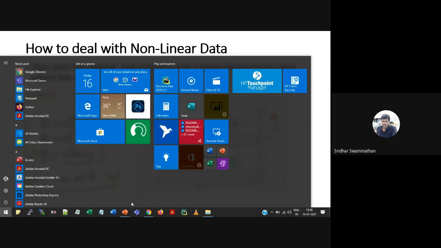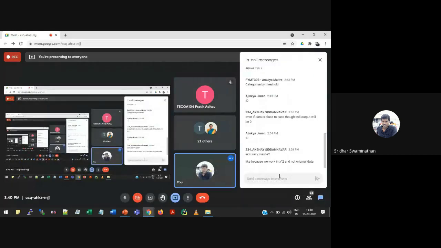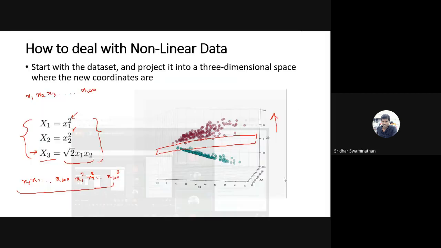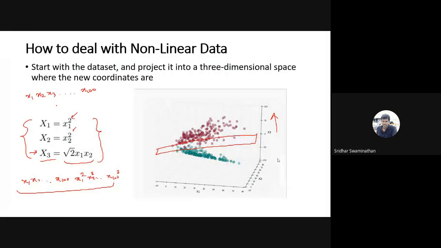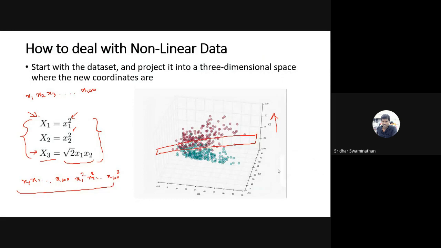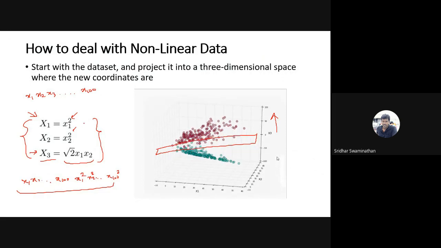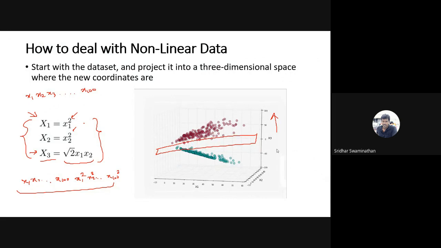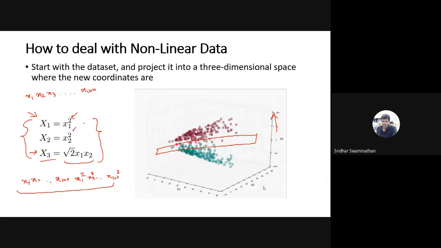Any problem with that? Because we work in the square, not in the original data. No, actually, the original data will not have any accuracy, but the projected data will have accuracy because it is separable, right? So the problem is actually not with the accuracy part, the problem is the computation part. It is not very easy to find what kind of polynomial projection we want to do.